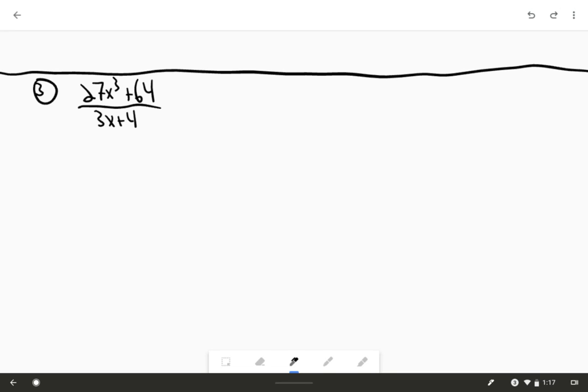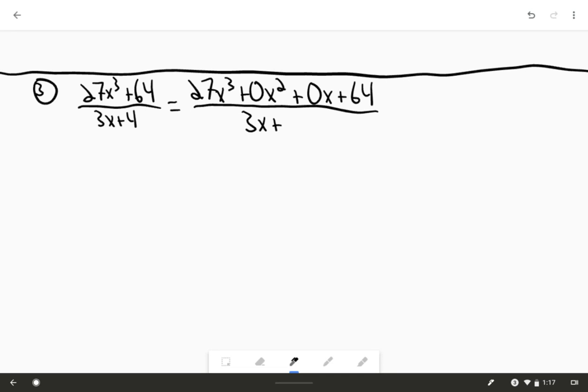I have to account for missing exponents. So watch how I rewrite this here. I'm going to rewrite the problem like this. Okay, notice what I did. Notice I accounted for a missing x term.